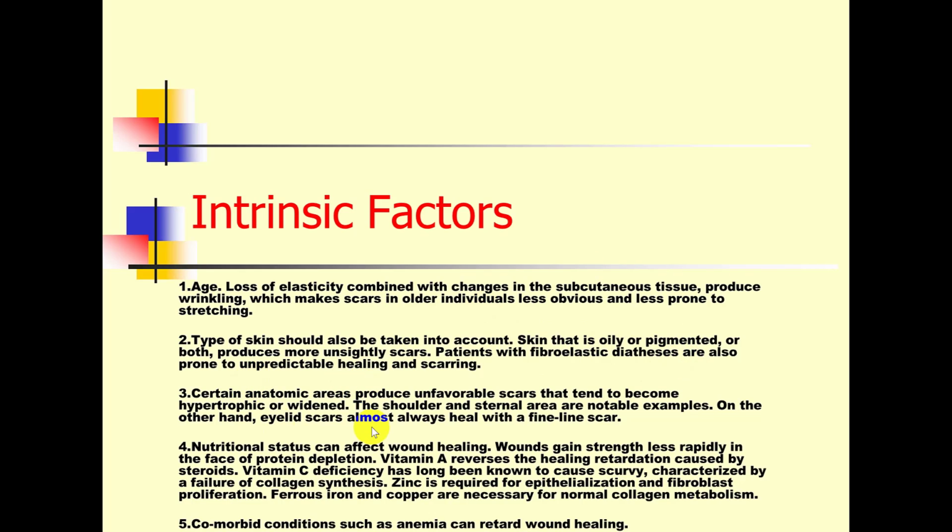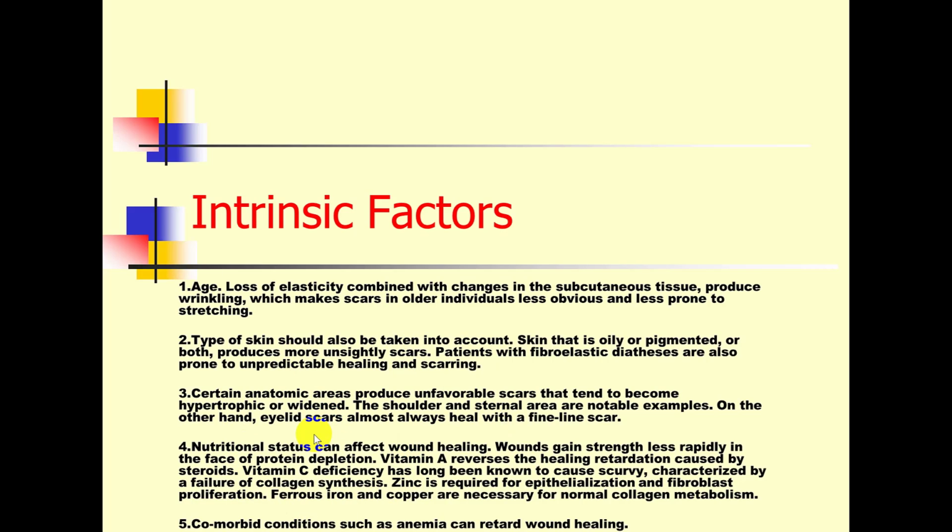Anatomical areas: we have unfavorable anatomical areas for scars that are highly susceptible to hypertrophic scars, as we discussed with keloid and hypertrophied scars, special areas like the shoulder and over the sternum, which result in hypertrophied and also keloid scars, so we must avoid wounds in such places.